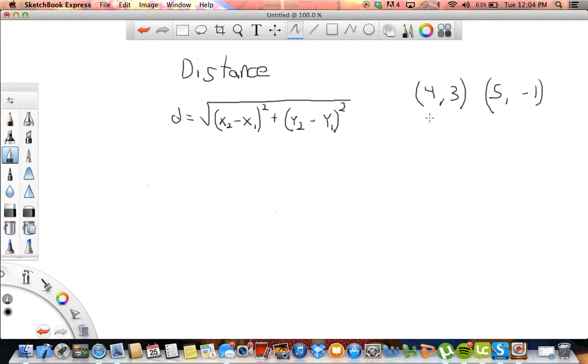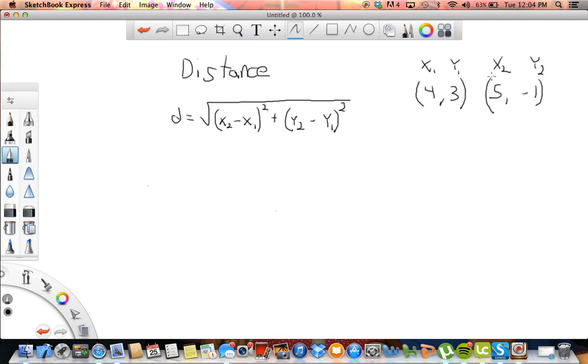What we first want to do when we are given two sets of points, whether we're using distance or midpoint or slope or whatever, is label what our points are. So this first point is going to be x1 and y1, and this one's going to be x2 and y2.